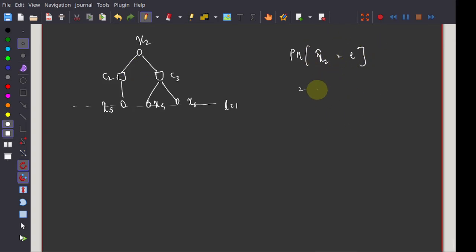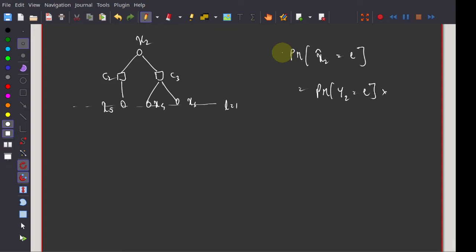So it remains an erasure if y2 is an erasure and if both incoming messages are erasures. If either one of them is not an erasure, then you can select x2 hat equal to 0 or 1.